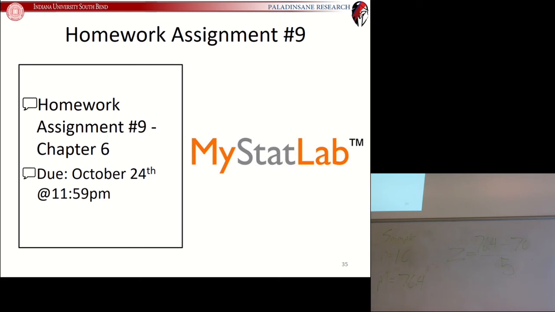When they give you the mean of the population and the standard deviation of the population, if they do not specifically give you the distribution of sample means or comparison distribution numbers, remember you've got to take that population standard deviation and divide it by the square root of the size of your sample. So look for that information, take your time, don't fall into the trap, and we'll see if we can get a whole bunch of people with 100% on homework assignment number 9.